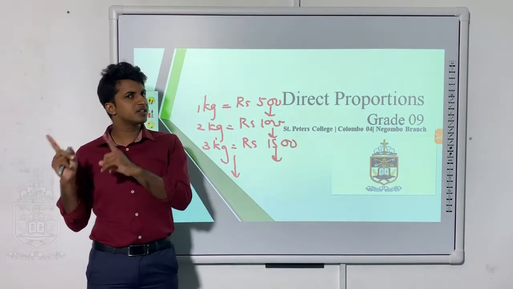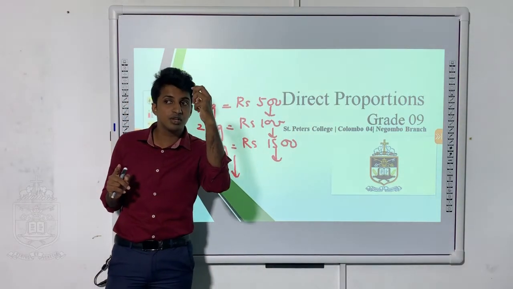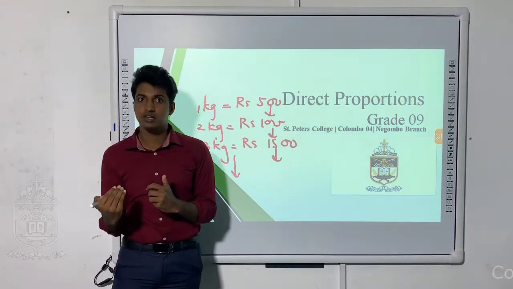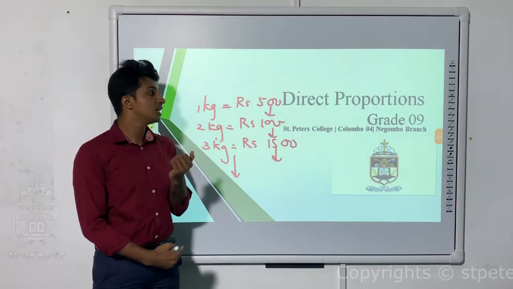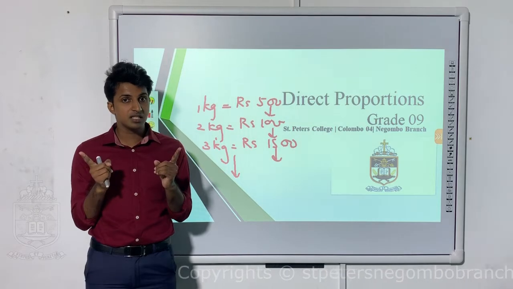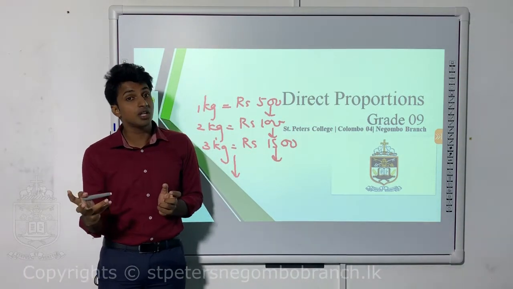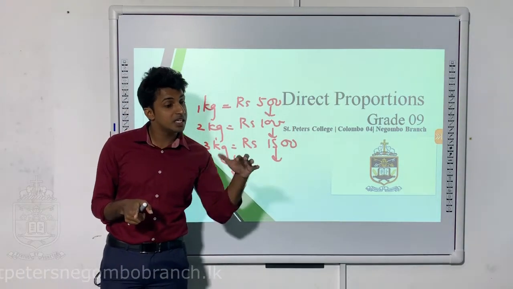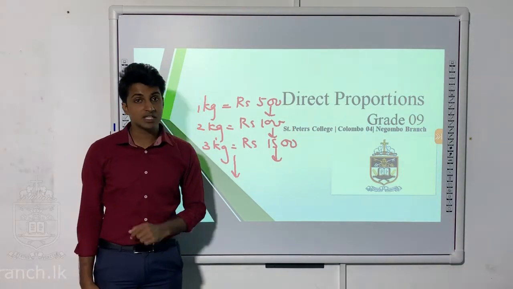So very simply, in the first example about the subjects, when the number of subjects was decreasing, the amount you have to study was also decreasing. Here, when the number of kilos is increasing, the amount you have to pay is also increasing, which means when one quantity is increasing, the other quantity will also increase, or when one quantity is decreasing, the other quantity will also decrease.